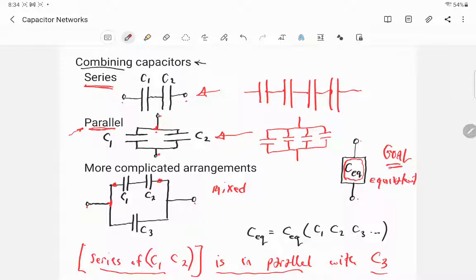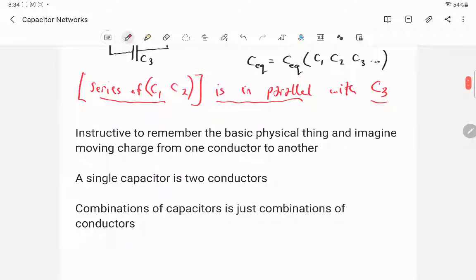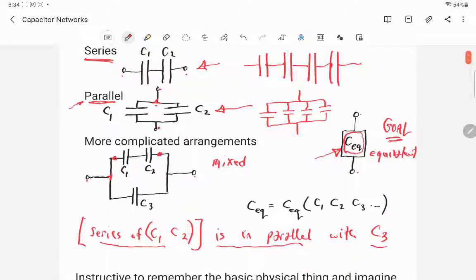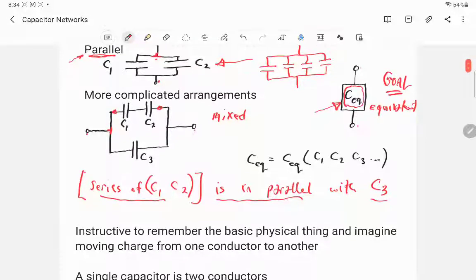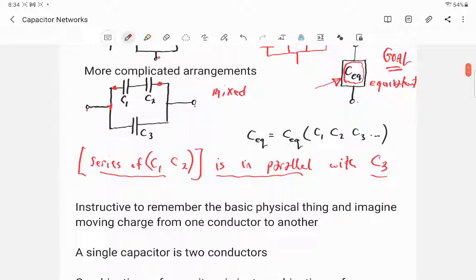And this tends to be the goal of problems that are associated with combining capacitors: figuring out what's called the equivalent capacitance. Okay, so I'm going to show you how to build up rules in order to be able to calculate this equivalent capacitance, as well as use these rules to be able to say every possible piece of information about a capacitor network.